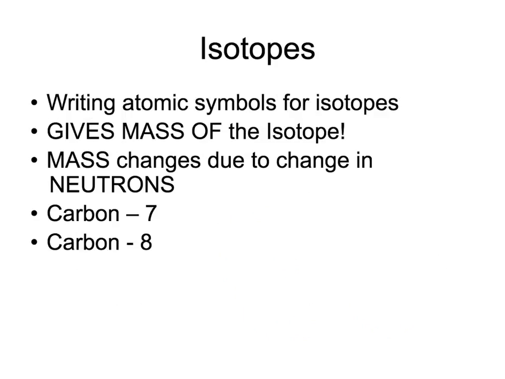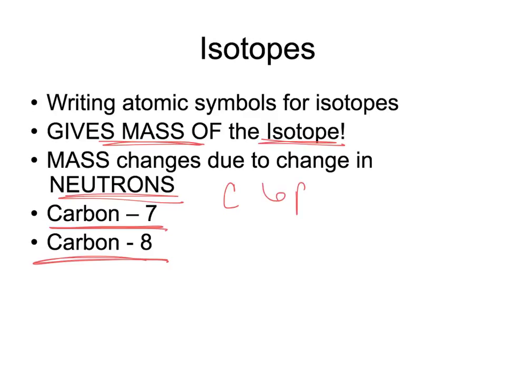So when we write an isotope, we end up being given the mass of the isotope, just like we saw before. Here is carbon-7, here is carbon-8. So there's a change in neutrons. Again, carbon has 6 protons. So if I've got carbon-7, I would have 6 protons, and in order to get to 7, I would have 1 neutron.